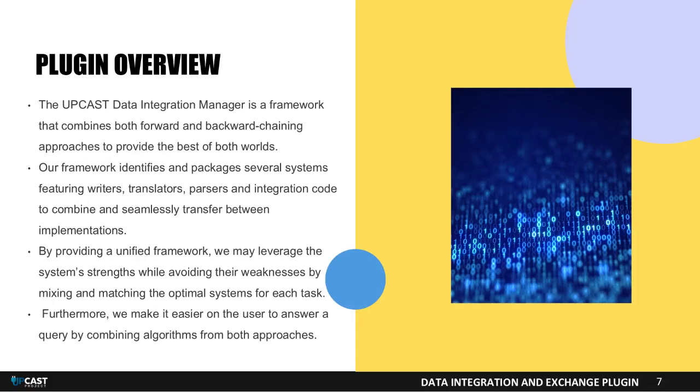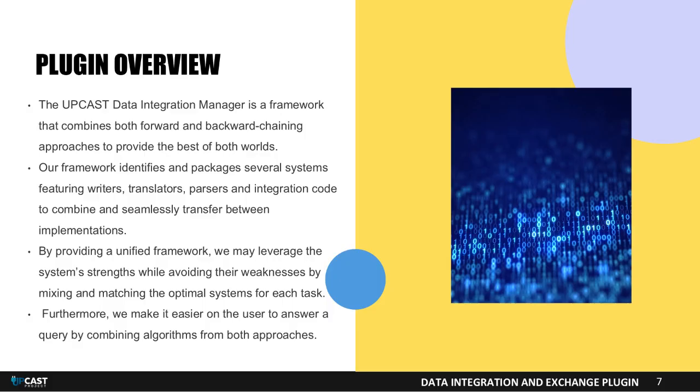The UPCAST Data Integration Manager is a framework that combines both forward and backward chaining approaches to provide the best of both worlds, featuring algorithms, implementations, and systems in an end-to-end approach to forward or backward chaining. Our framework identifies and packages several systems featuring writers, translators, parsers, and integration code to combine and seamlessly transfer between implementations.